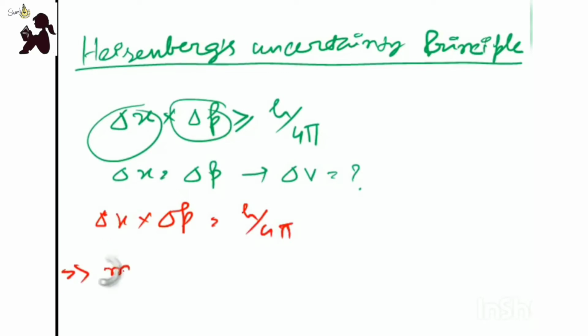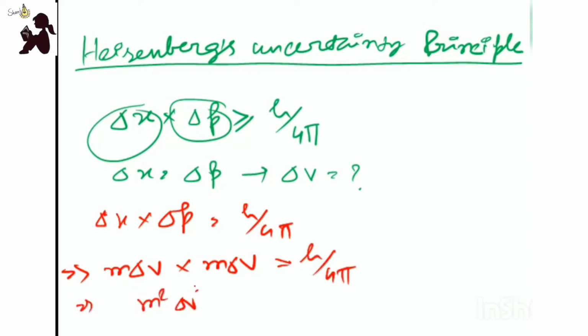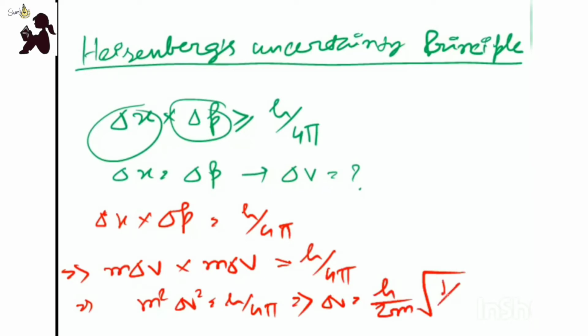Because mass is constant, uncertainty in momentum will be m into uncertainty in velocity, so it will be m square into del v square equal to h by 4 pi, or del v equal to h by 2m into root over of 1 by pi.